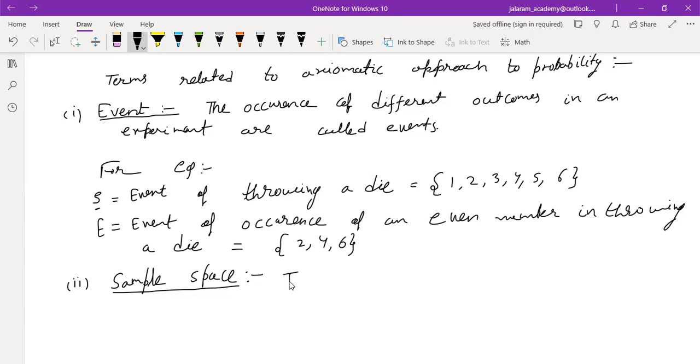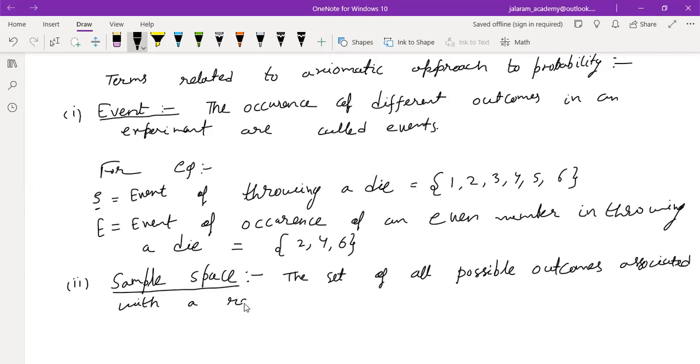Sample space is the set of all possible outcomes associated with a random experiment or the probabilistic experiment. One example is this: S equals the event of throwing a die.